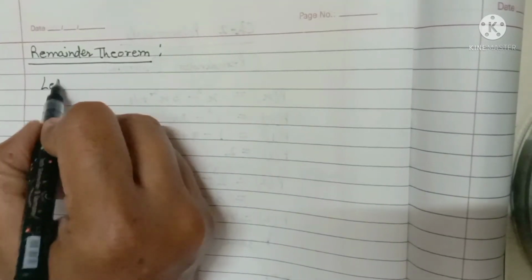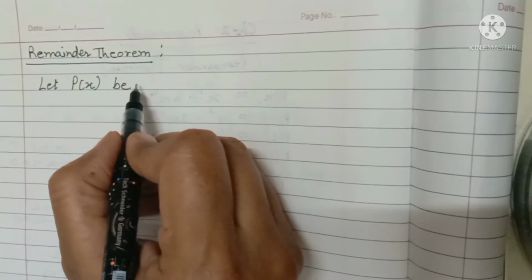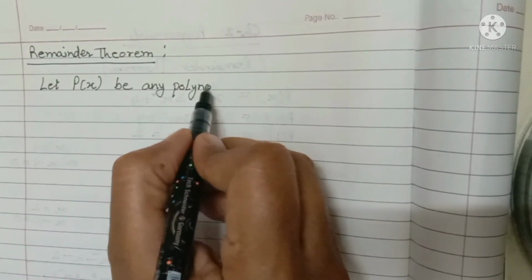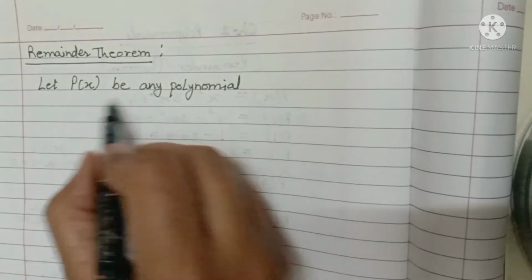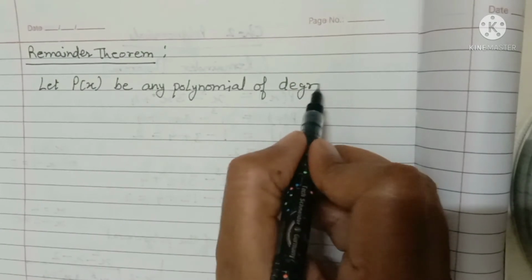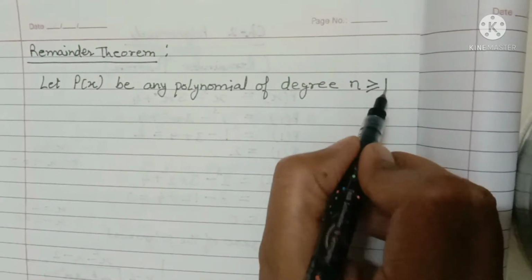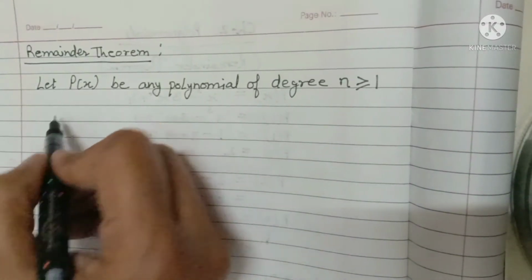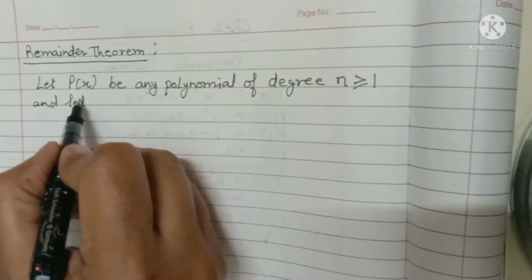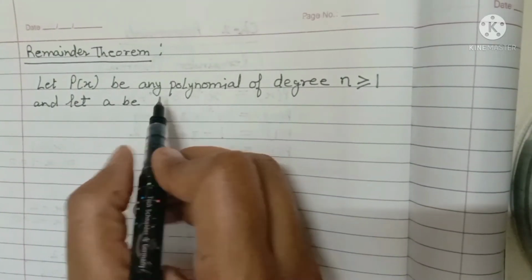So let p(x) be any polynomial of degree n greater than or equal to 1, and let a be any real number.